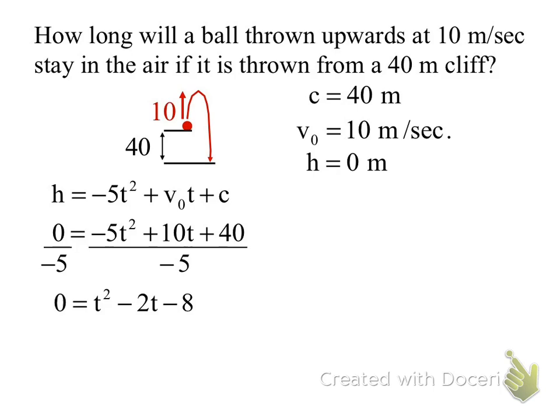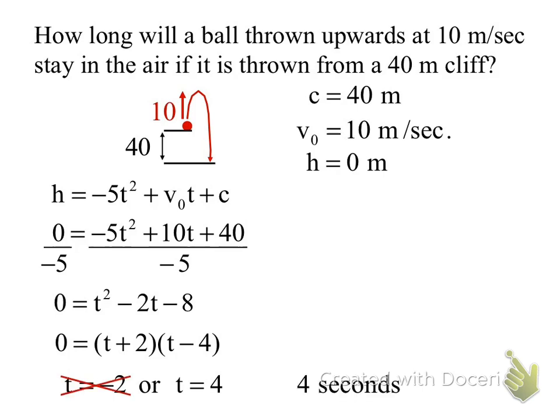Now, am I going to factor this, or am I going to use the square root principle? Factor, I do X marks the spot. Look at my answers. What is the best answer here? What is it? Why is it not -2? Time can't be negative.